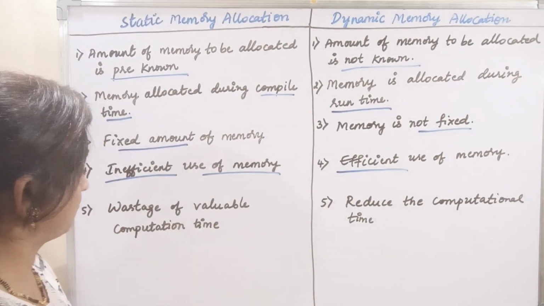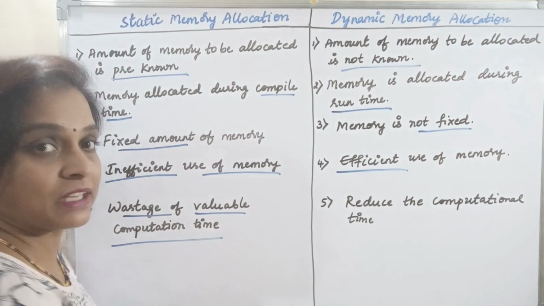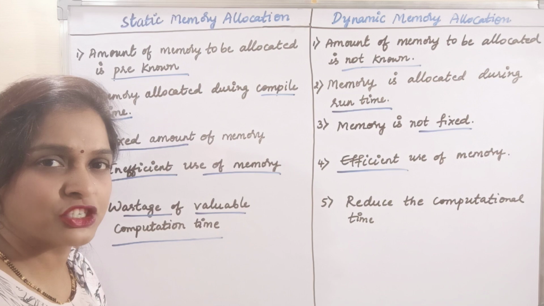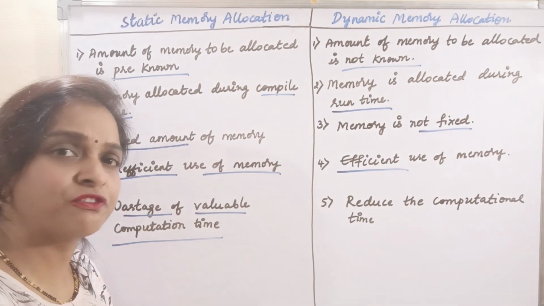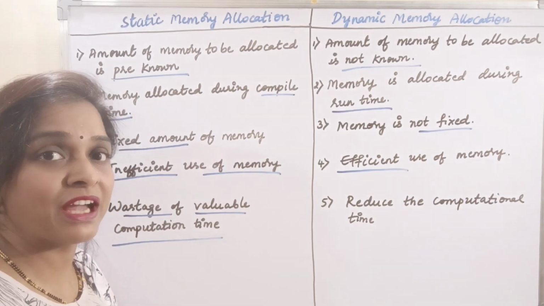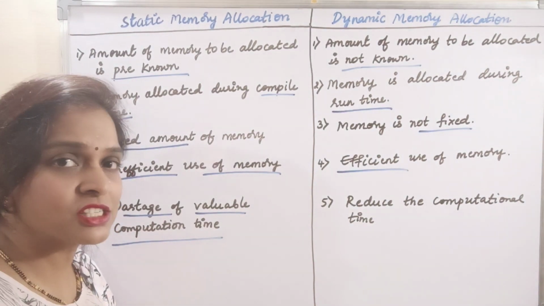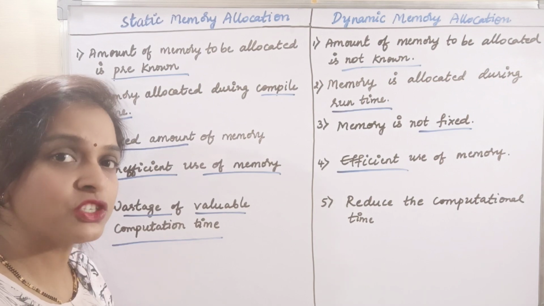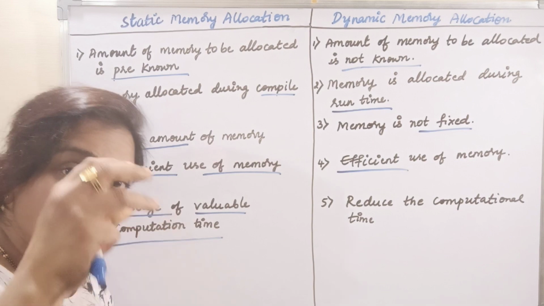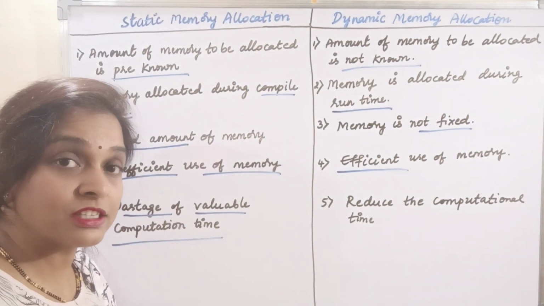Finally, static allocation wastes valuable computational time. During insertion and deletion, we shift the elements to higher order and lower order, and we swap the values again and again. So many processes take place because the logic is quite complex, and the time required to process that is more.